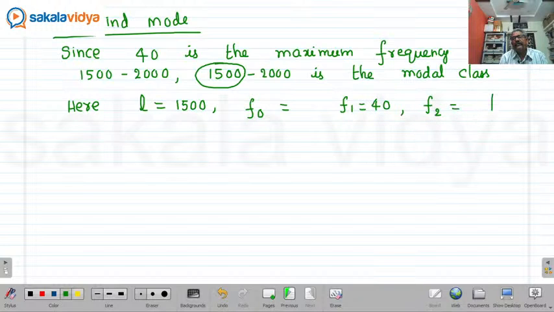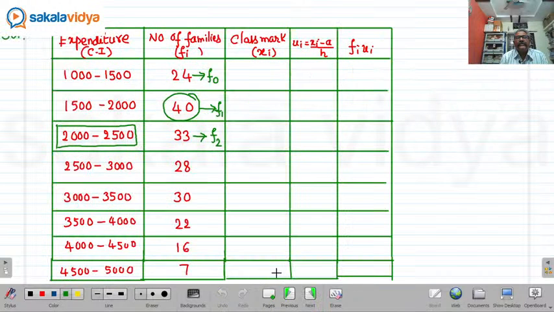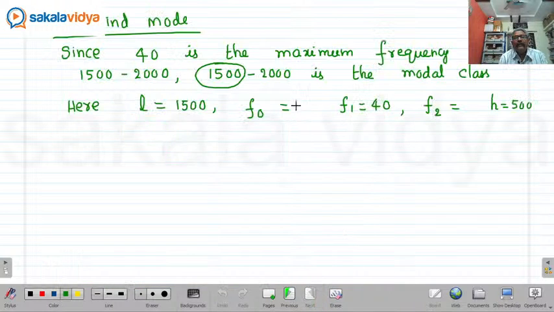And h will be 500, because 2000 minus 1500 is 500. Let us write F0 and F2. Go back to the previous page. F0 is 24, F2 is 33.